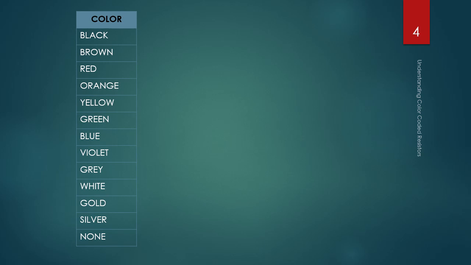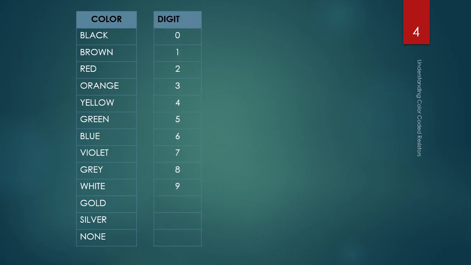For example, the colors which are assigned in our resistors are 12 in number. They are black, brown, red, orange, yellow, green, blue, violet, gray, white, gold, and silver. Out of these 12 colors, in this particular sequence, they are assigned a certain digit.